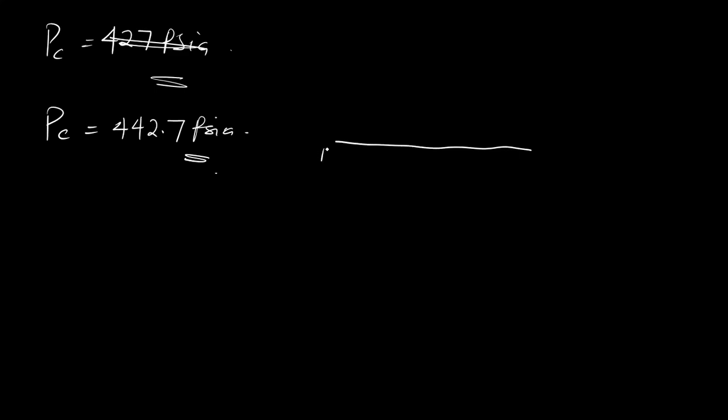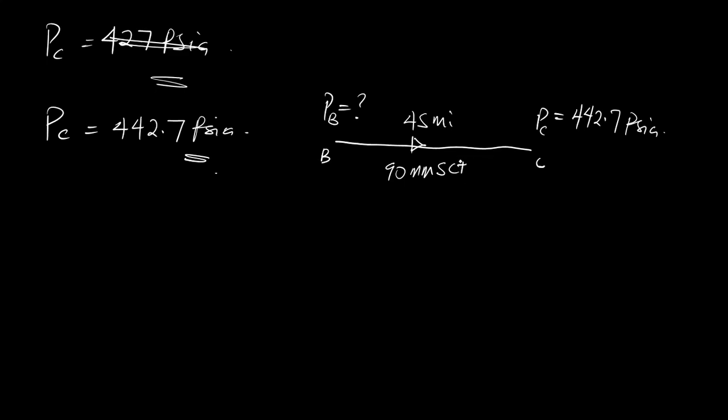Now you have B, you have C. Now we have gotten PC to be equal to 442.7 psia. Now we are looking for PB, which is unknown. Now we know the length of this line to be 45 miles. Now we know the flow rate to be 90 million standard cubic feet per day. Now we're asked to calculate the PB.